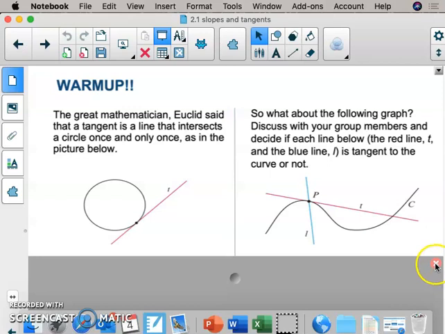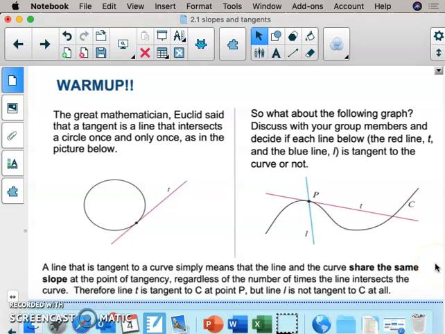We've already discussed this pretty thoroughly, but I'm just going to mention Euclid only knew tangent lines in the context of circles. He did not know them in terms of any other shape or curve. He was only talking about them in this context. So what does a tangent line actually mean?